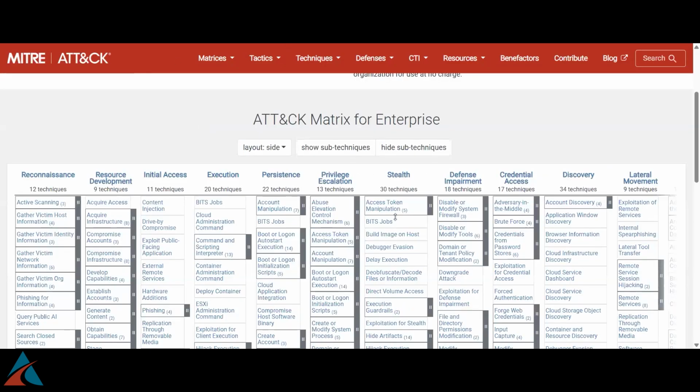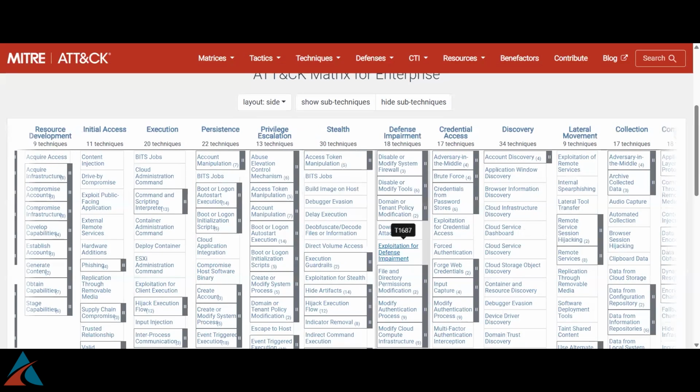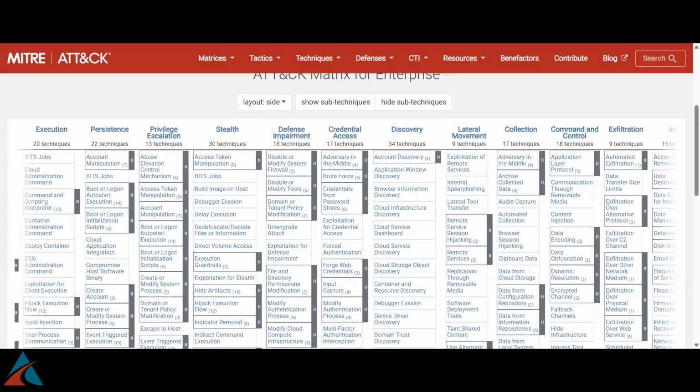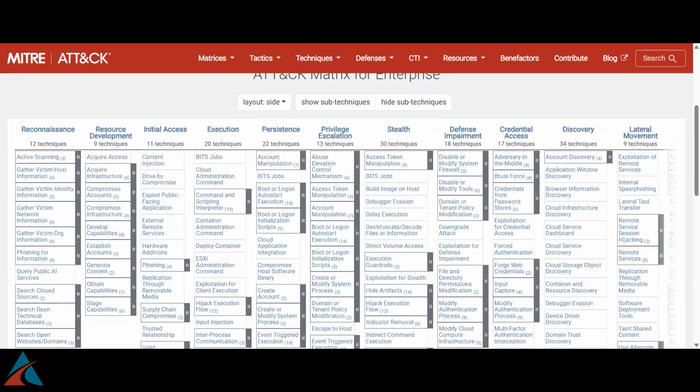There are a total of 14, I believe, if I'm not wrong. See, 1, 2, 3, 4, 5, 6, 7, 8, 9, 10, 11, 12, 13, 14, 15. Then slide it left and right.